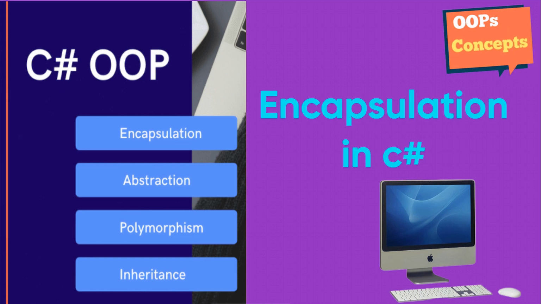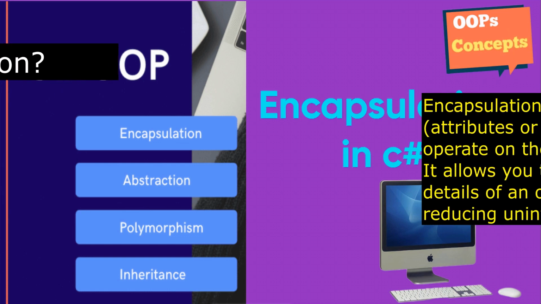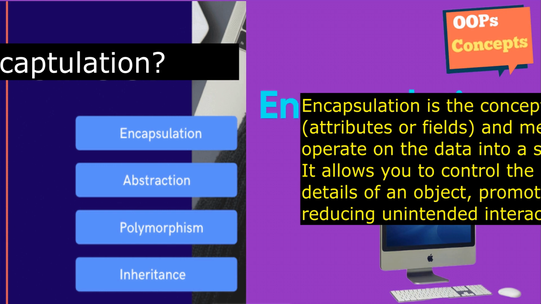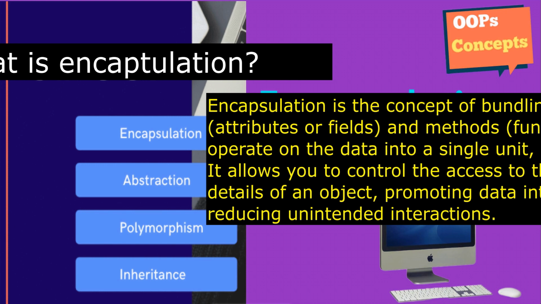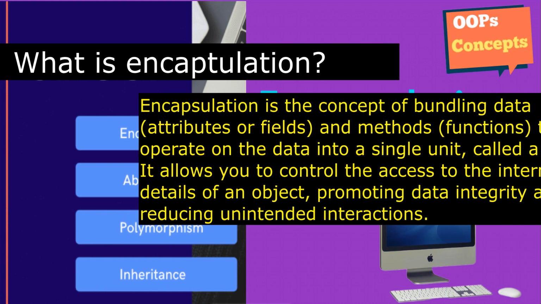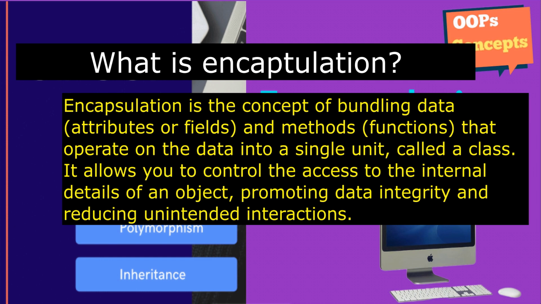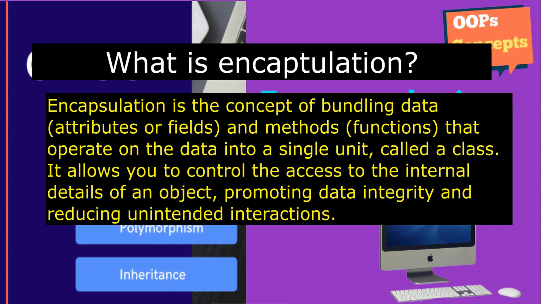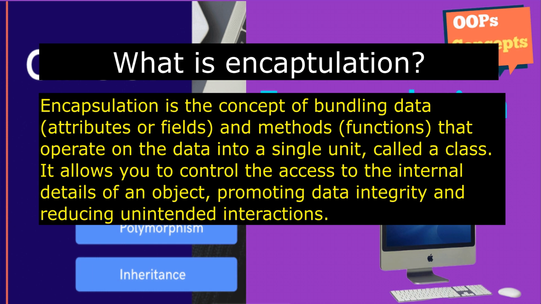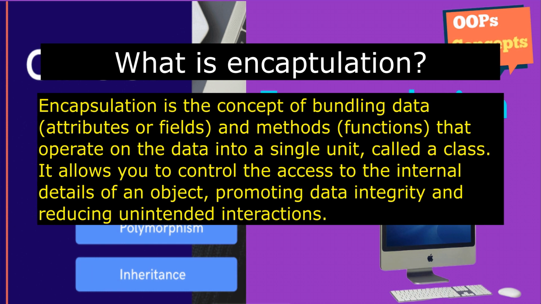What is encapsulation? Encapsulation is the concept of bundling data and methods that operate on the data into a single unit called a class. In simple words, it wraps the data into a single unit. Data can be attribute or field, methods, properties, and so on.